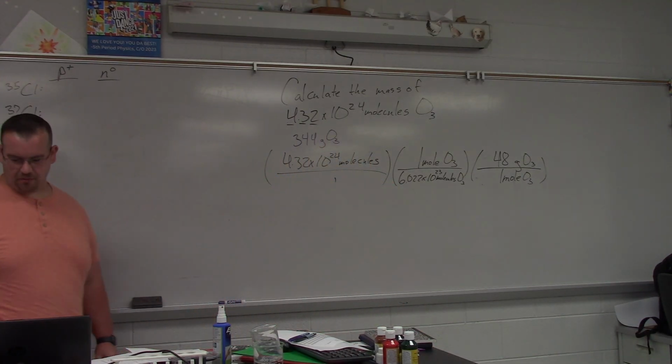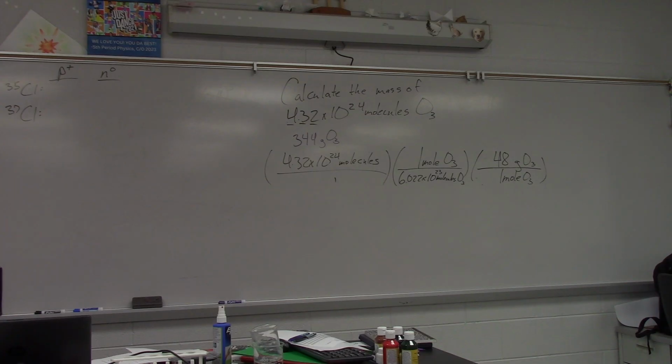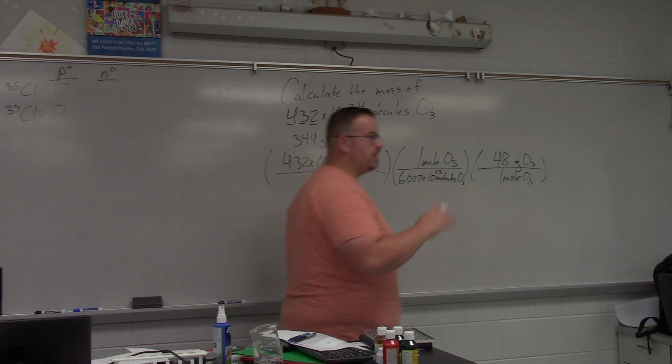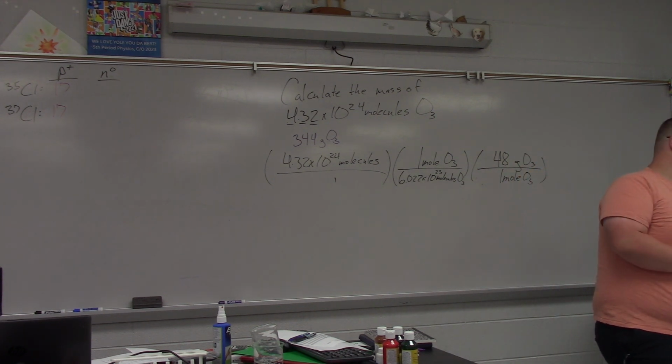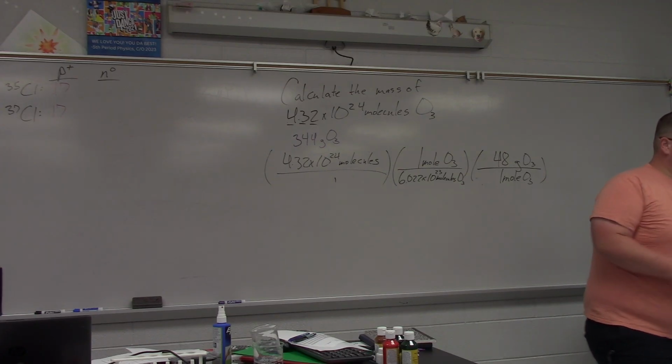So don't get lost on that. How many protons are in chlorine 37? 17. It's both the same. The element's chlorine. It doesn't change. Remember, each element has a fixed number of protons.